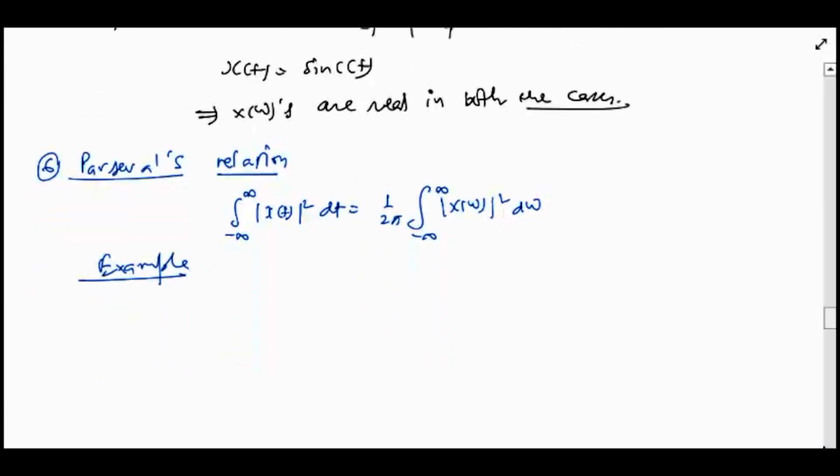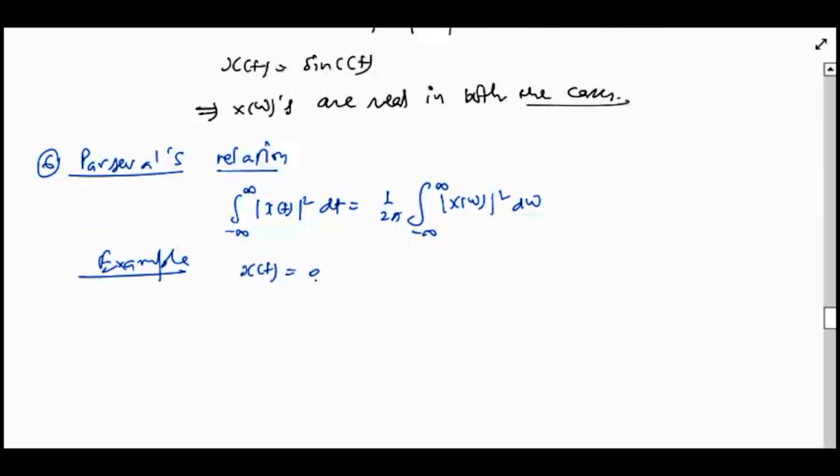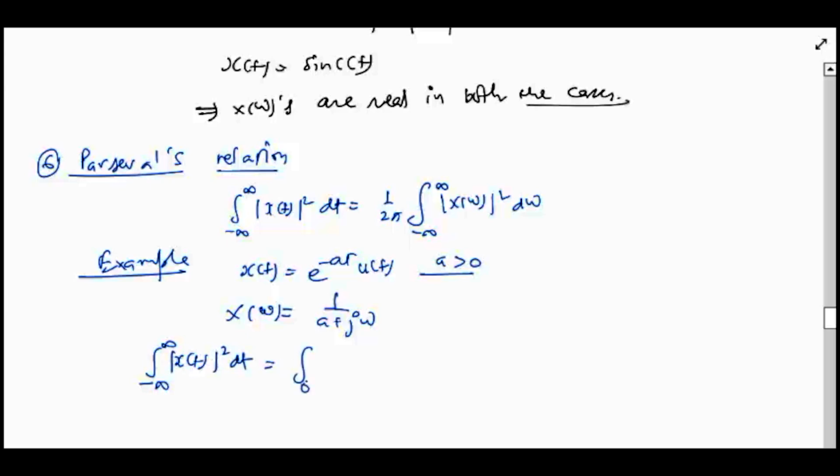We again go back to the example where x(t) is e raised to minus a t u(t), a greater than 0. In this case, we have readily seen that X(omega) is 1 over (a plus j omega). Let us compute the following integral: minus infinity to infinity |x(t)| squared dt, which in this case becomes 0 to infinity e power minus 2at dt, which on simplification gives 1 over 2a.